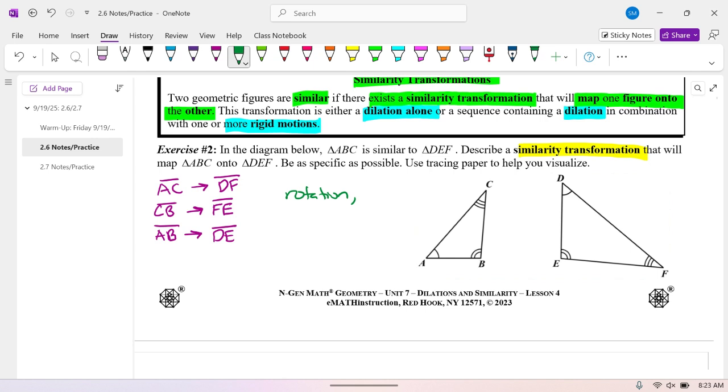All right. So what's that called? So flipped. So what's that called? A reflection. And then one last thing happened. Is it the same size?